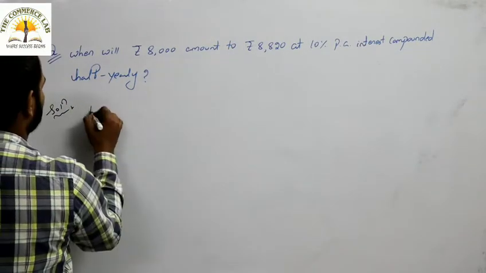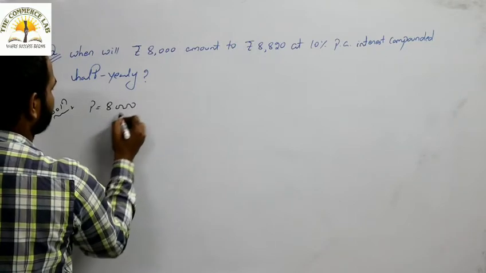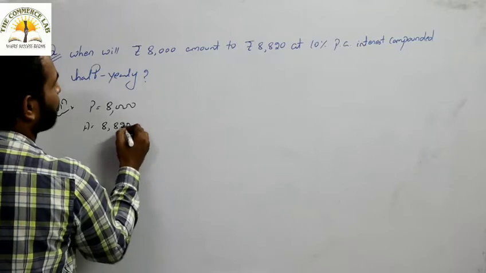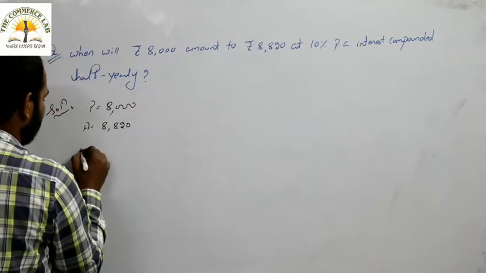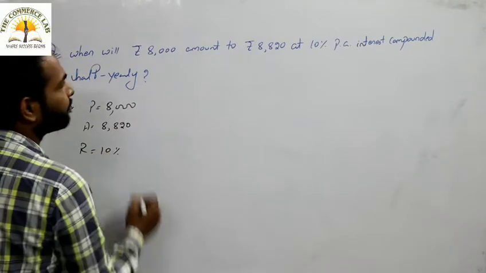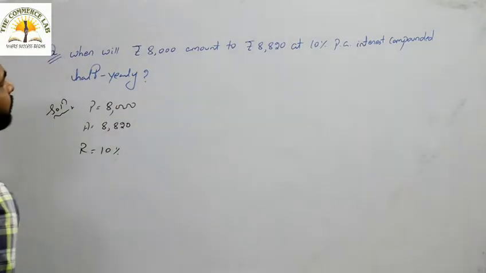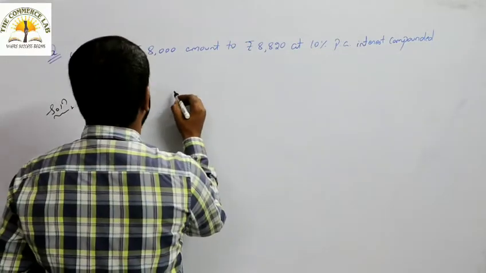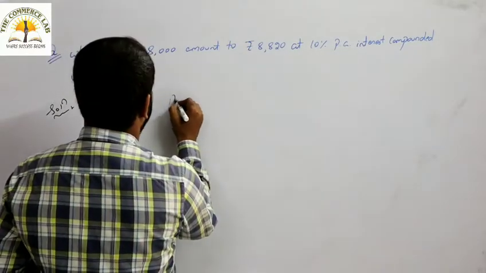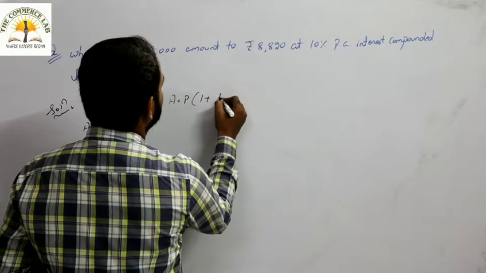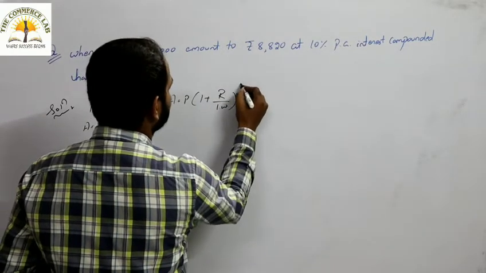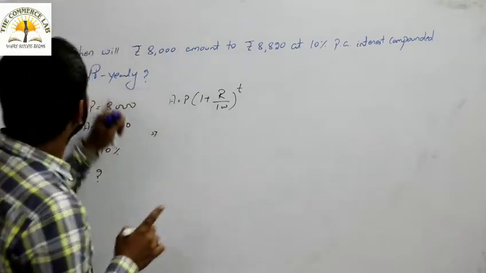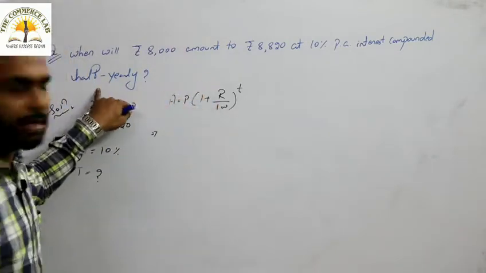When will 8,000 amount to, that means principal equal to 8,000, amount equal to 8,820 rupees at 10% per annum. So R equal to 10%, compounded half yearly. So we have to calculate T. But we know A equal to P into 1 plus R by 100 to the power T. But here interest is calculated on a half yearly basis.